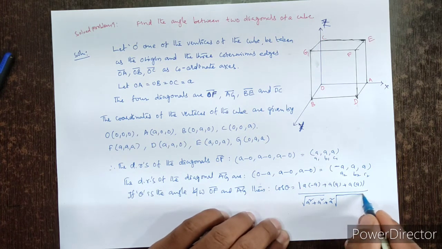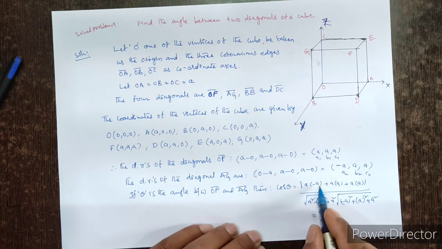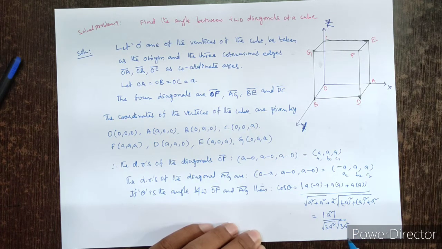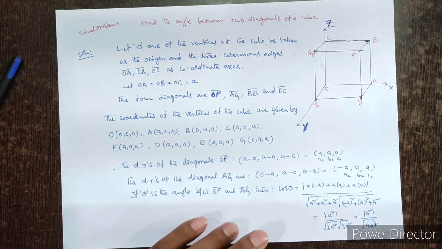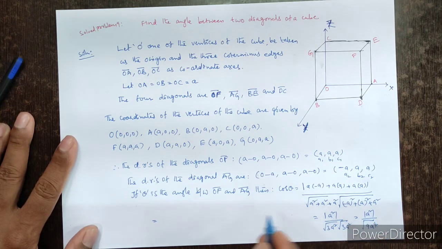Therefore cos theta equals modulus of a times minus a plus a times a plus a times a, divided by root of a square plus a square plus a square, which is 3a square, into root of minus a whole square plus a square plus a square. Minus a square plus a square cancel, so modulus a square divided by root of 9a to the power 4, which is 3a square.